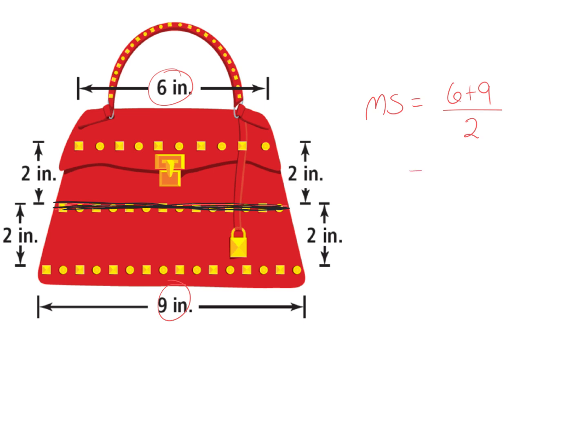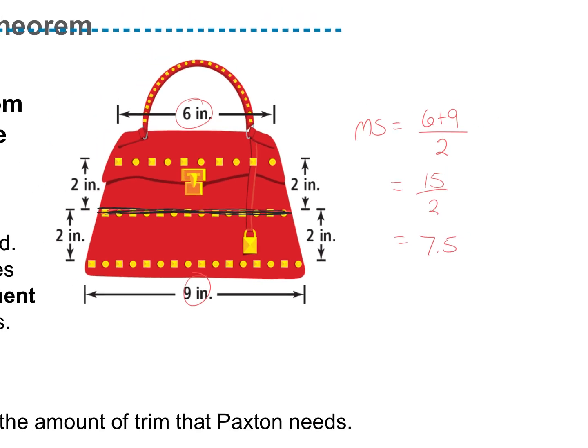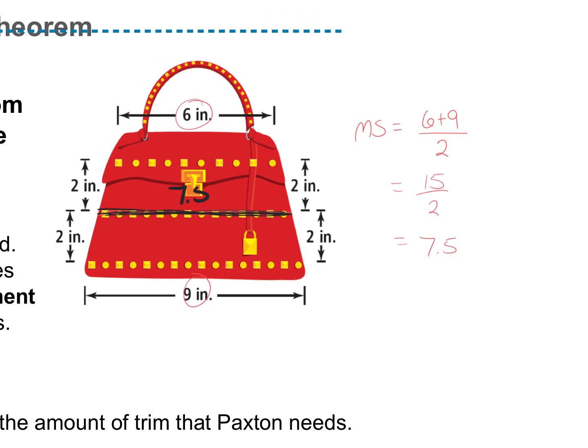What's 6 plus 9? 15 divided by 2 is 7.5. Okay. So, is 7.5 equidistant from 6 and 9? How far away is 7.5 from 6? 1.5. How far is it from 9? 1.5. Yep. A couple different ways you can do these and think about these. It's totally up to you.